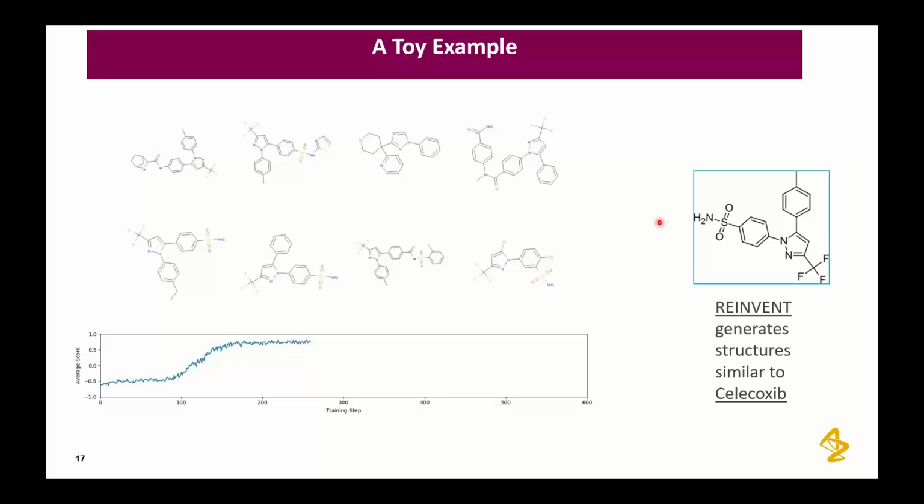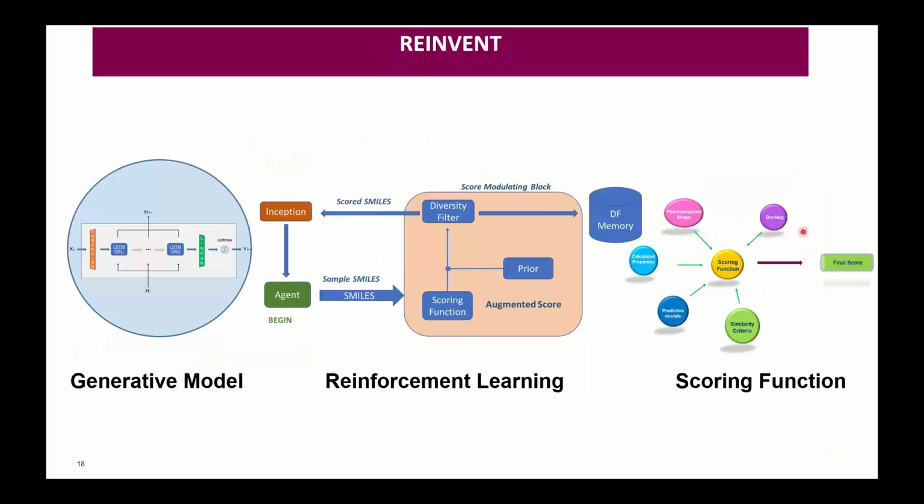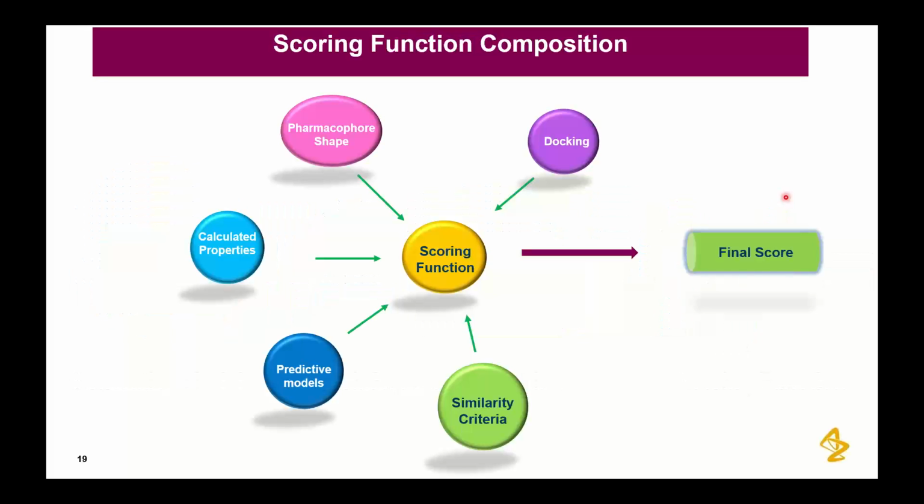All right, so we usually utilize much more complex scoring functions. So this is just to remind you about the three components: the generative model, reinforcement learning, and the scoring function. And the scoring function is actually what I'm going to be talking about next. So like I said, this was just a very simple example where you have similarity criteria to some concrete molecule, but you can have a list of molecules, or you can have scaffolds, or you can also have dissimilarity criteria.